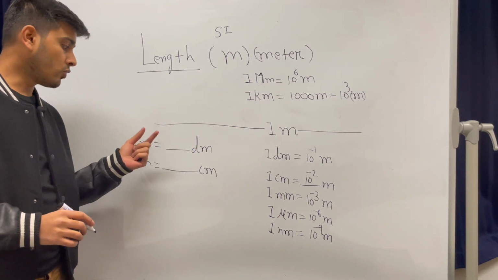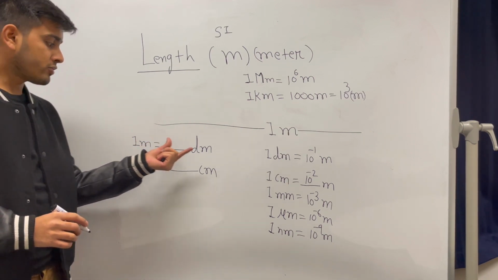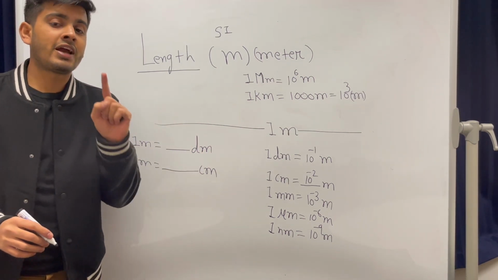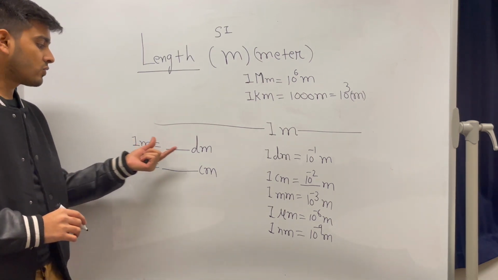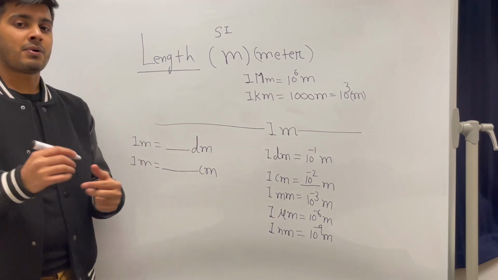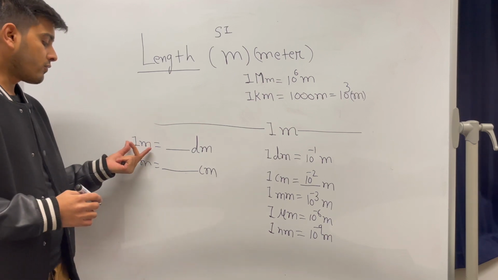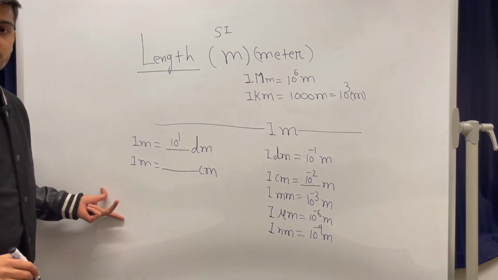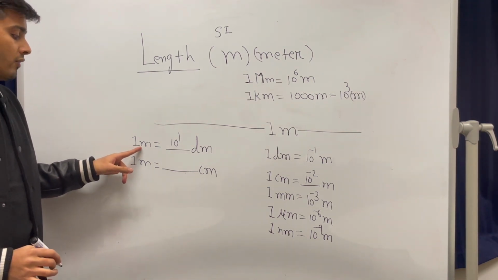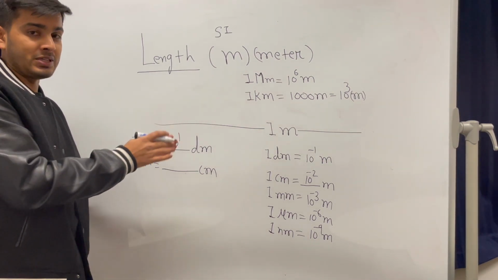If you remember what I told you, when you go from bigger to smaller unit, you will always get a positive power. So 1 meter is equal to 10 power 1 deci, which means within 1 meter we have 10 decimeters.